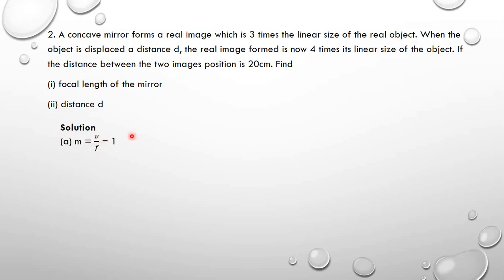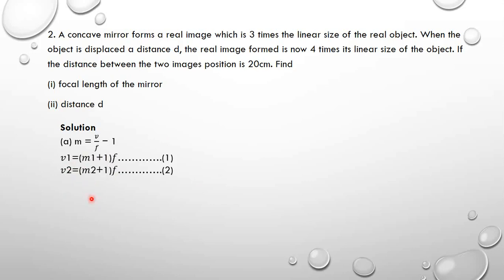First of all, we shall make v the subject, since we have the difference between v1 and v2 as 20. Make v the subject and have v1 is equal to m1 plus 1 times f, and then also v2 is going to be m2 plus 1 times f. So those are the two equations we shall come up with.